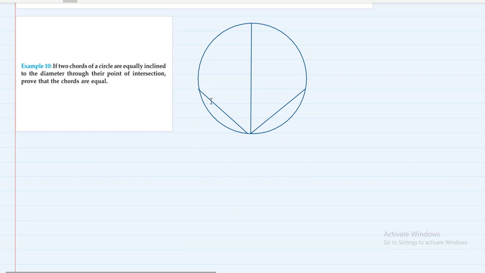Okay, just a moment. Let me... Perfect. Oh, sorry, there is one small problem over here. Now it is perfect. So they are saying if two chords of a circle are equally inclined to the diameter through their point of intersection.